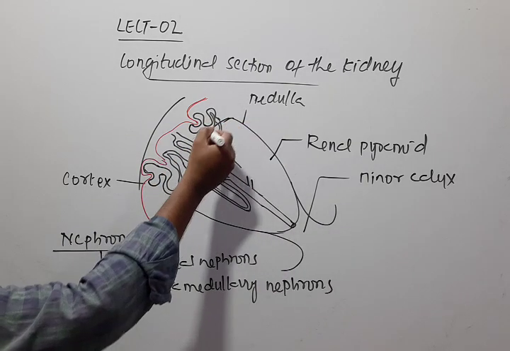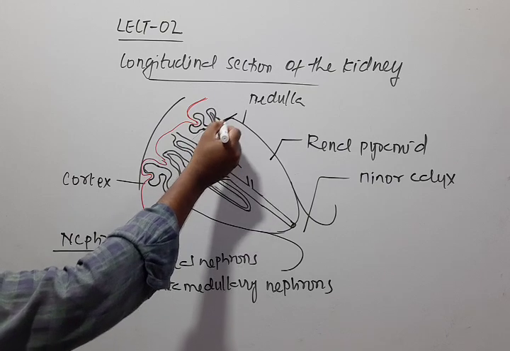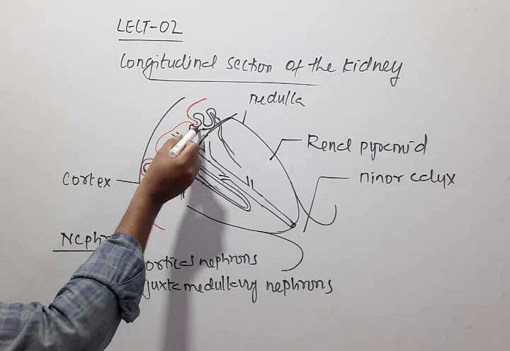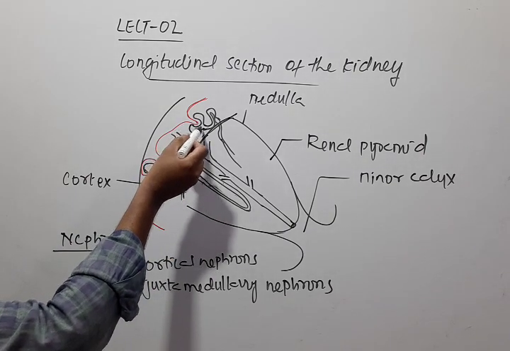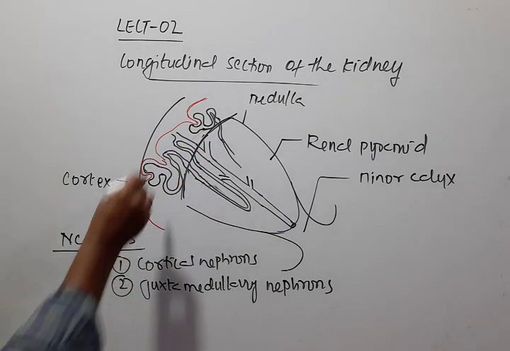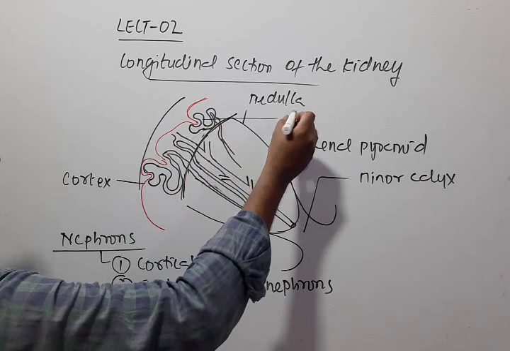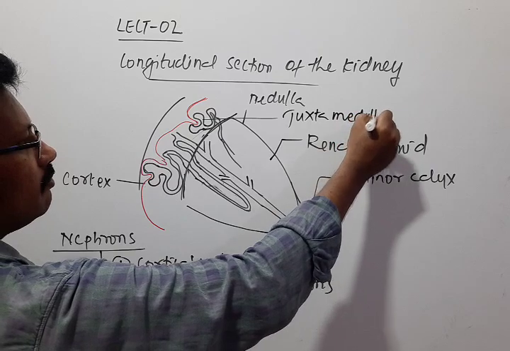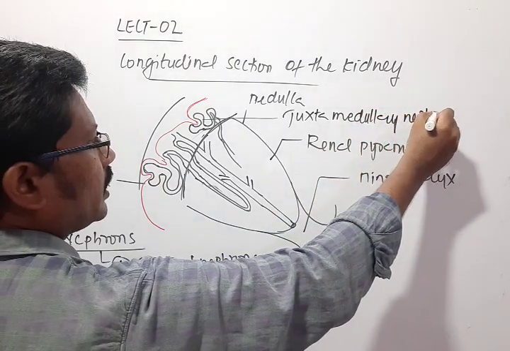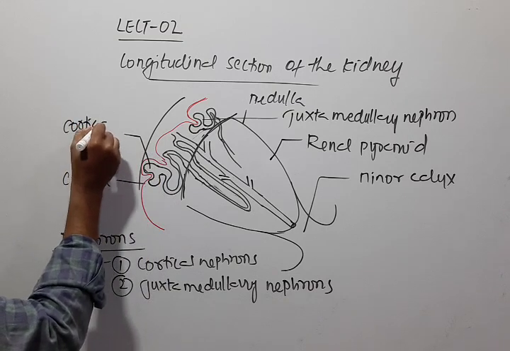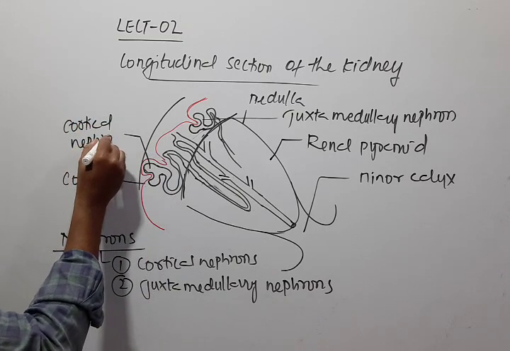So here we know this is the cortex region below this line, okay, right? And in case of juxtamedullary nephrons, you will find the renal corpuscle is lying very close to the medullary region. So that is the reason this nephron is what we call the juxtamedullary nephron, whereas this one is called the cortical nephron.